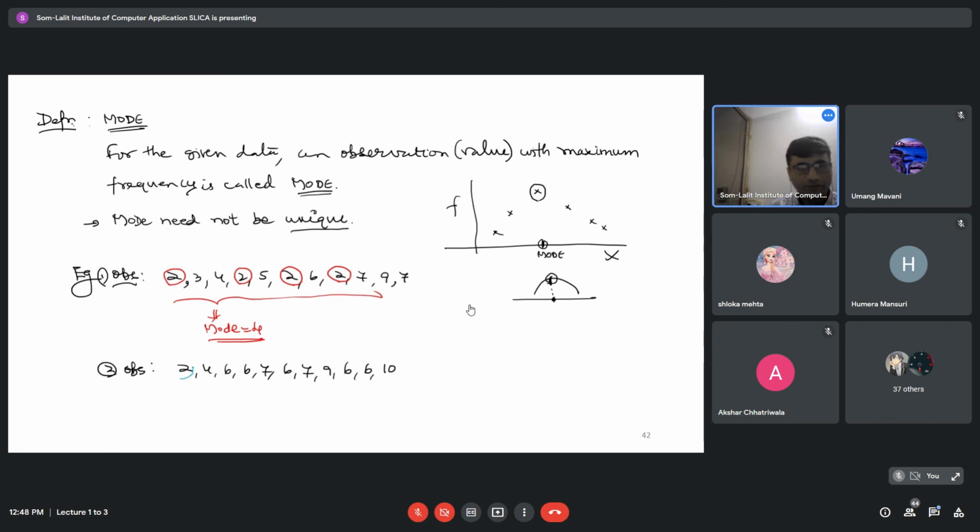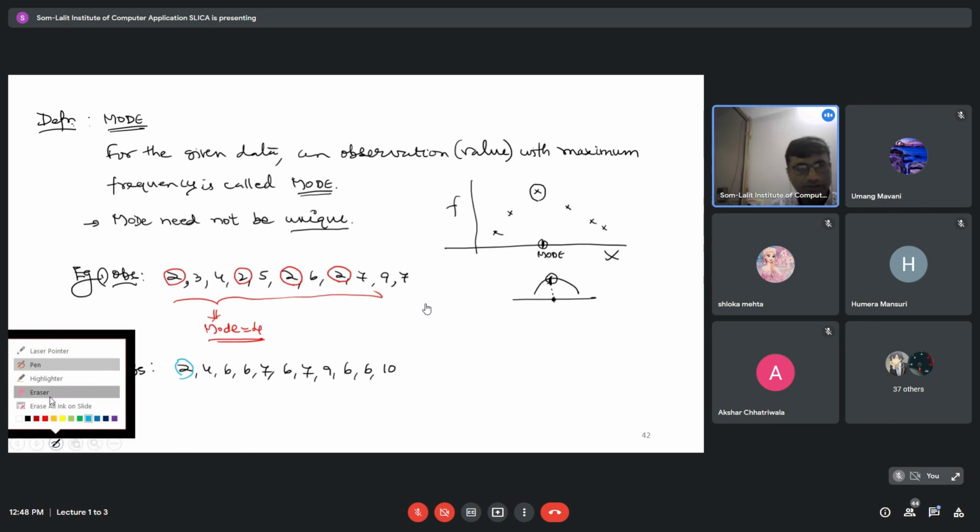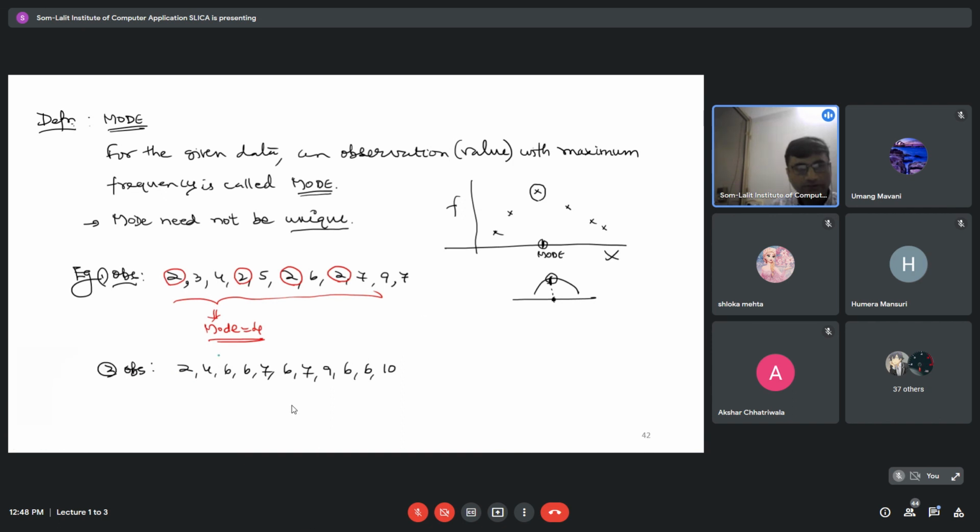Not 2, but the observation that has maximum occurrences: 6 here, 6 here, 6 here, and 6 here. What about the frequency of 2? It is just 1. The frequency of 4 is just 1. But 6 repeated how many times? 5 times. So the mode of this observation is 6.